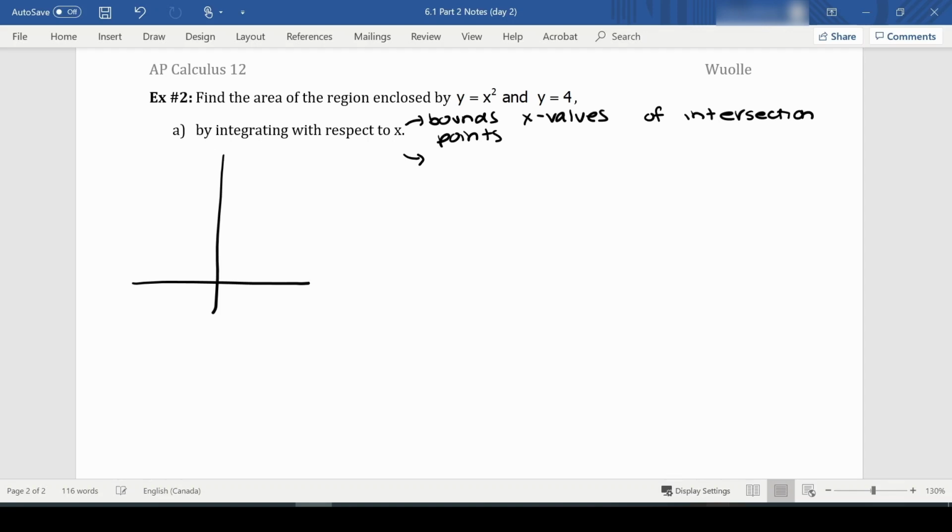This means that we should have an f of x and a g of x. In other words, we should have y equals functions. And this means that we're going to be doing top minus bottom.